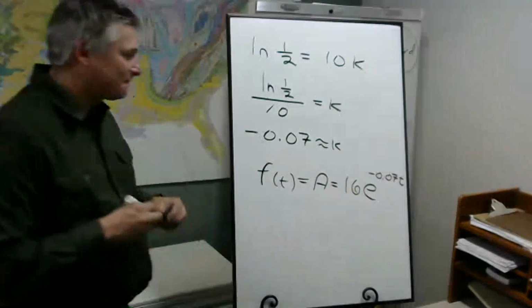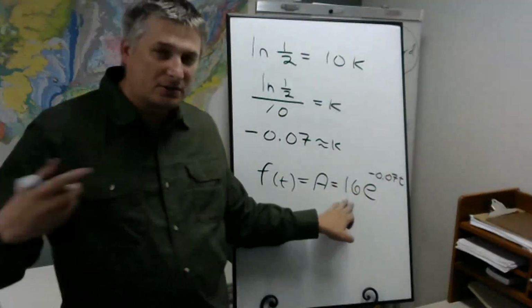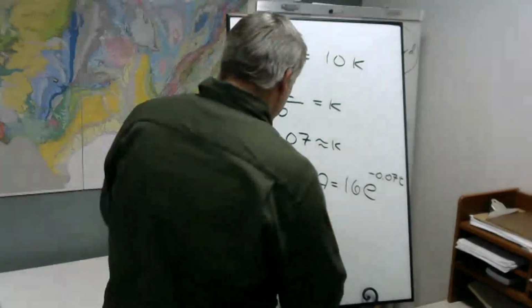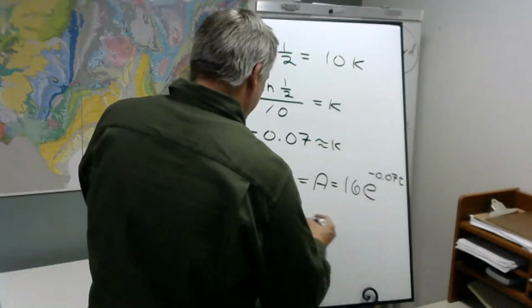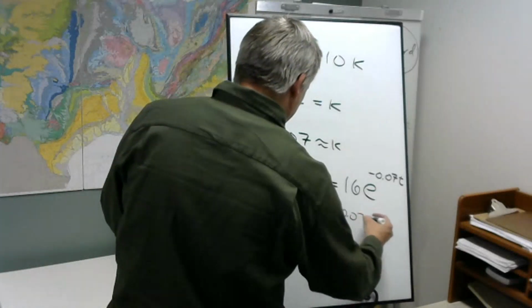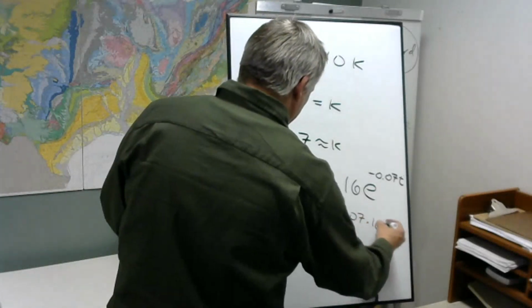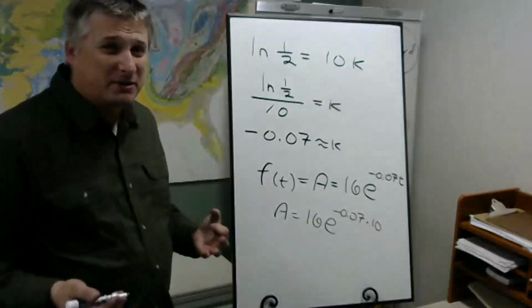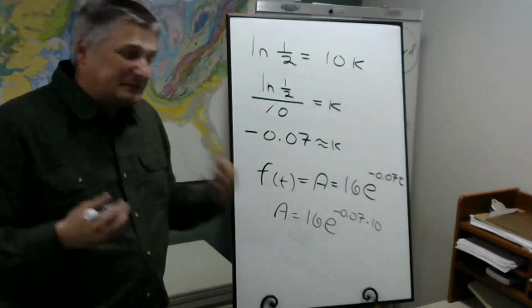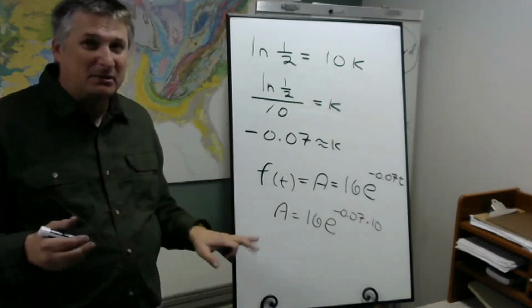We found k. And our initial amount, we're going to start with 16. So what we can do is plug in 10 seconds. And we should get close to half of our initial amount, because again, we rounded this off, so it's not going to be quite half, it'll be a little off.